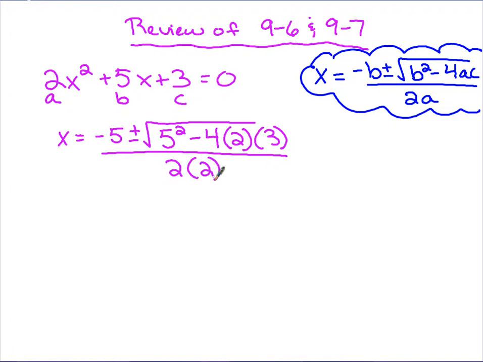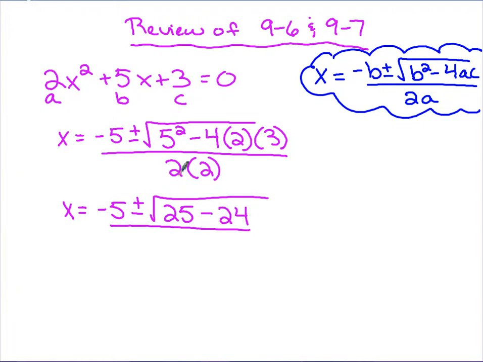Now you just do the math. Be careful if you try to put everything in your radical symbol in the calculator at once. I think it messes it up. All right, so 5 squared we know is 25. 4 times 2 is 8. 8 times 3 is 24. 2 times 2 is 4.